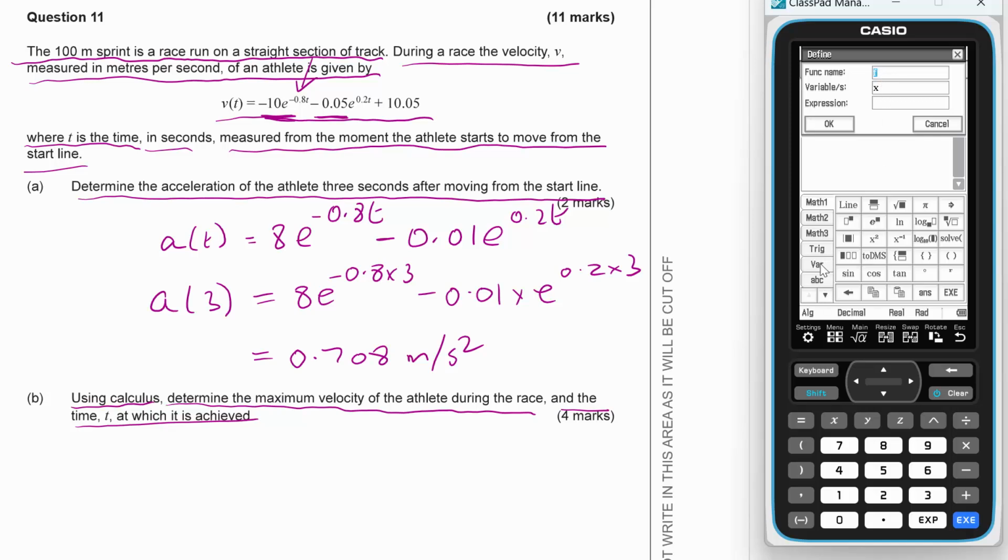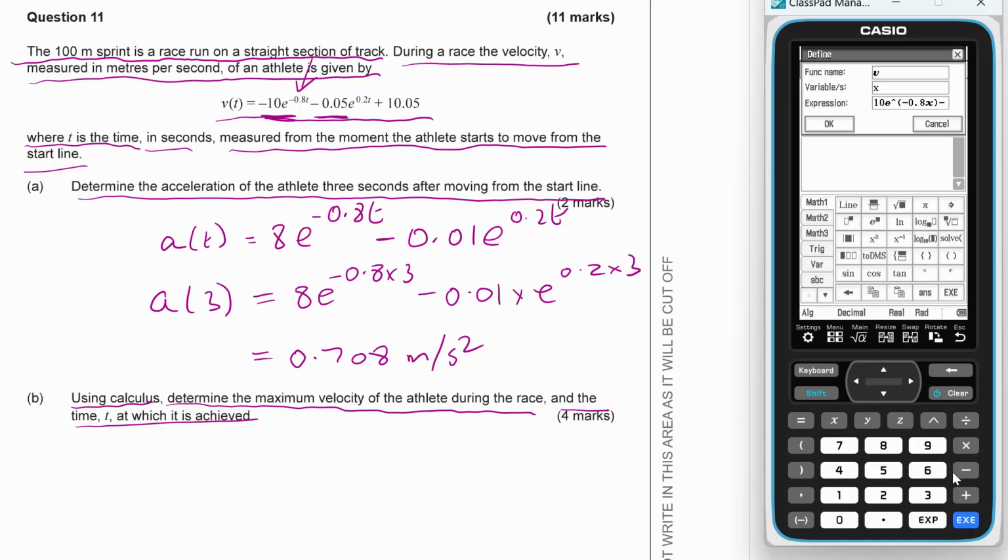So let's call the function v, and the variable, let's use x rather than t. And the expression is going to be negative 10 e to the negative 0.8x.